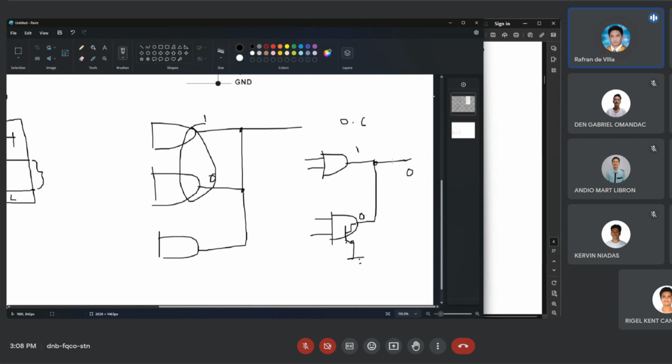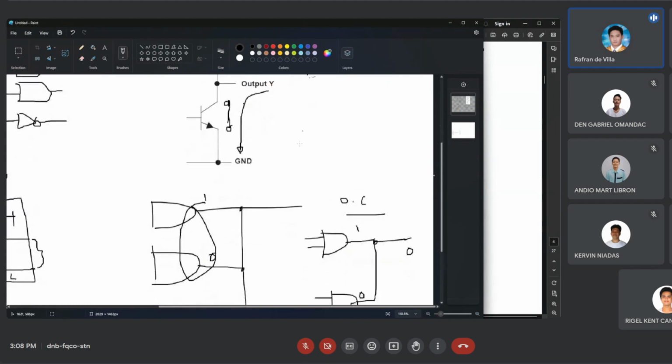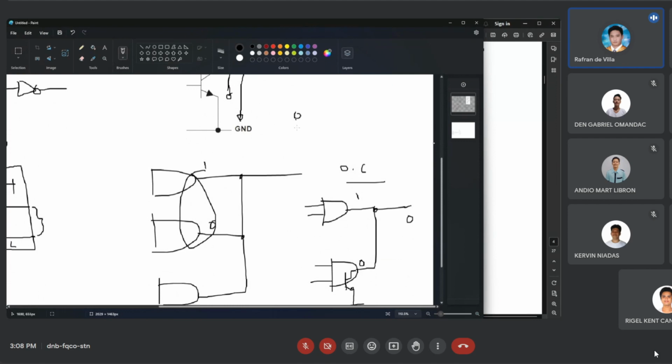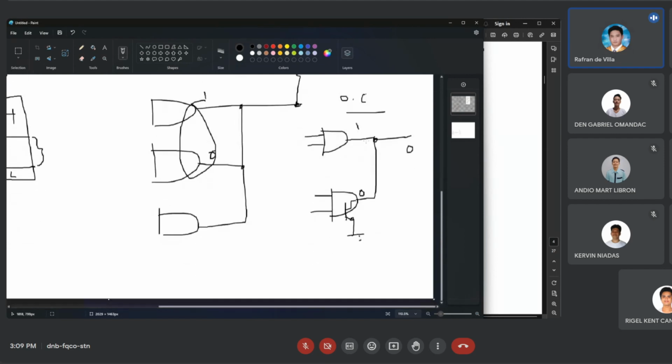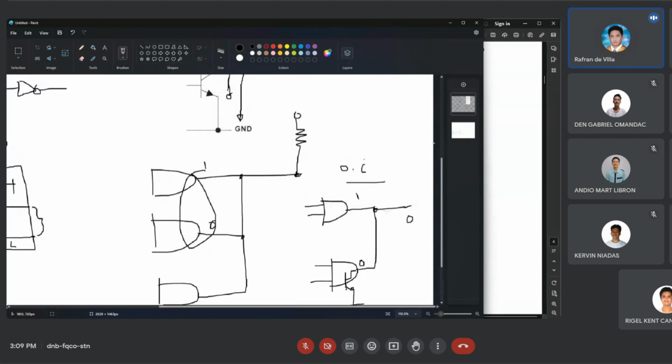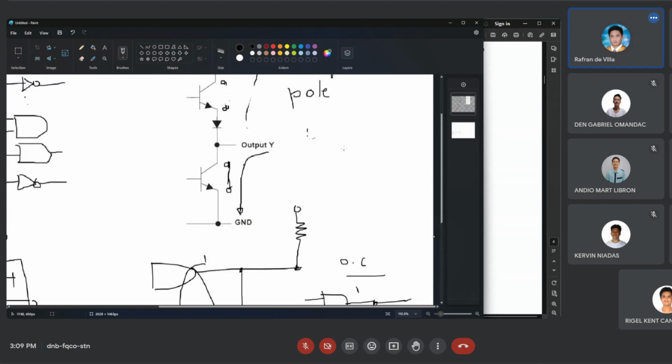Okay? So typically in this design, the open collector, it requires an external component to generate a logic high. So usually you just add a pull-up resistor. Now imagine if you are creating a 4-input AND gate using 2-input AND gates, how would you do it? You would connect them like this for the 4-input AND gate.